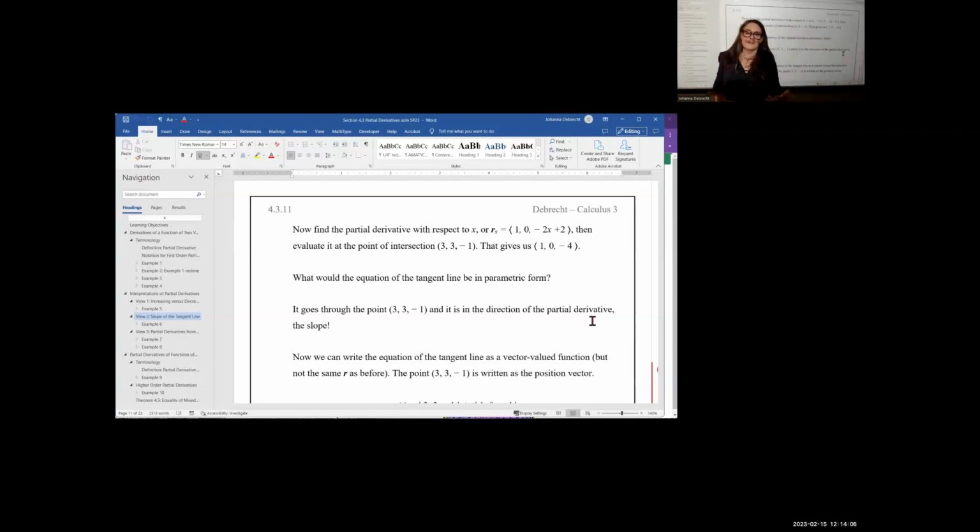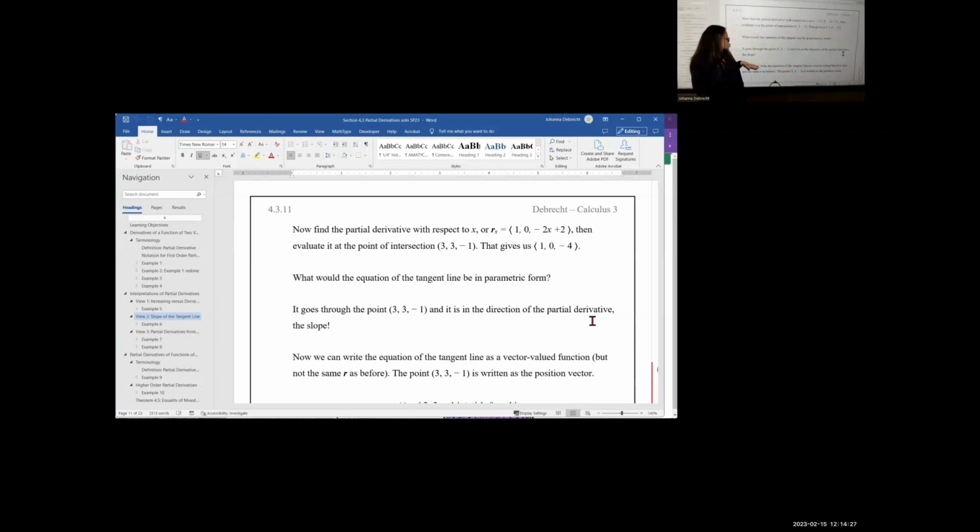Now, how do we do a vector parameterization of a line? A vector parameterization of a line requires a point and a vector in the direction of the line. And we have that. We have our point 3, 3, negative 1, and we have the vector in the direction of the tangent line.